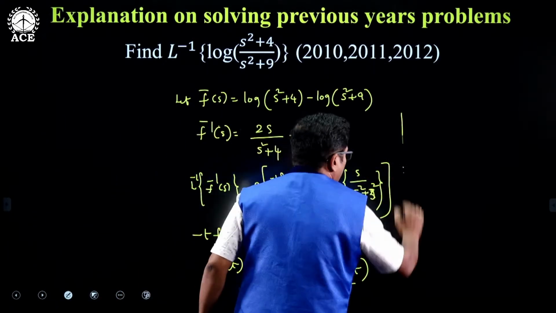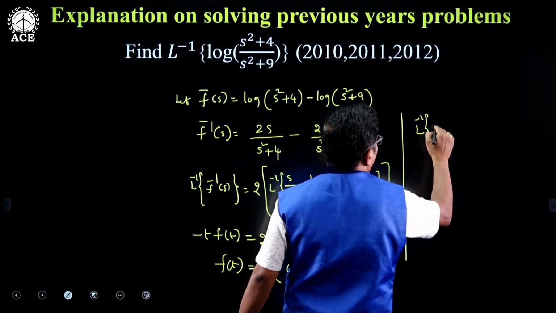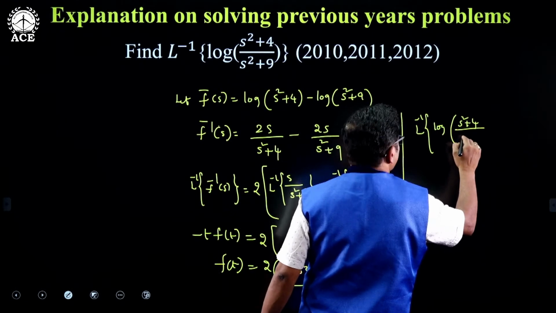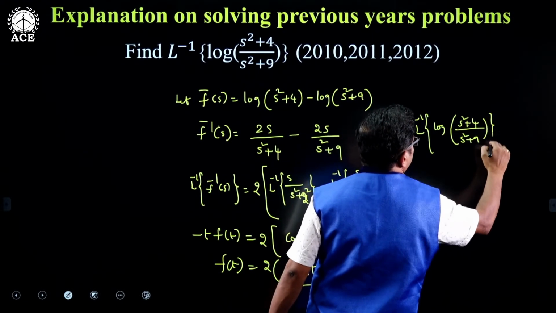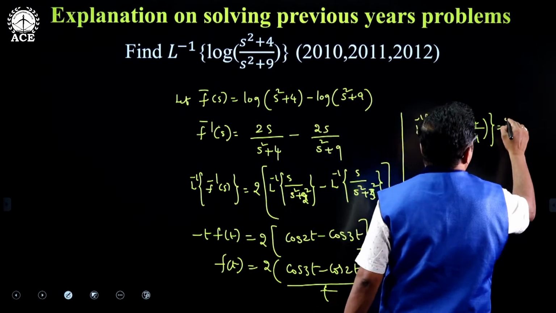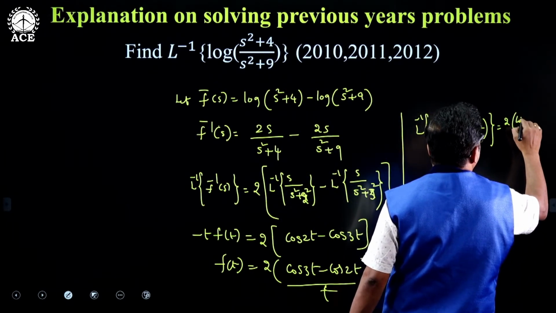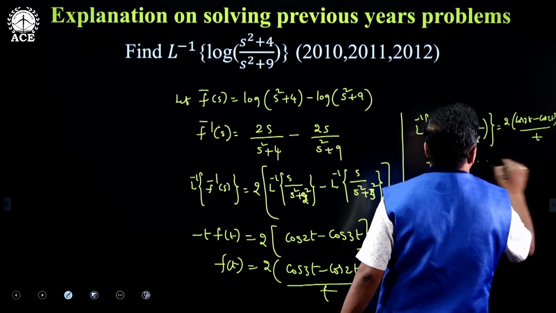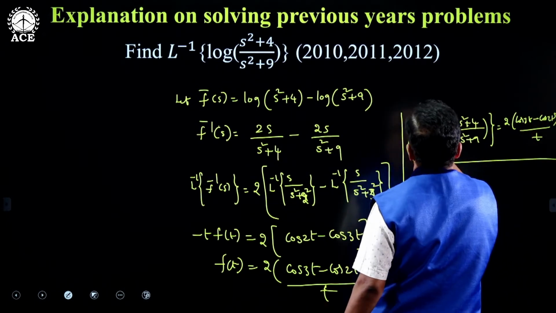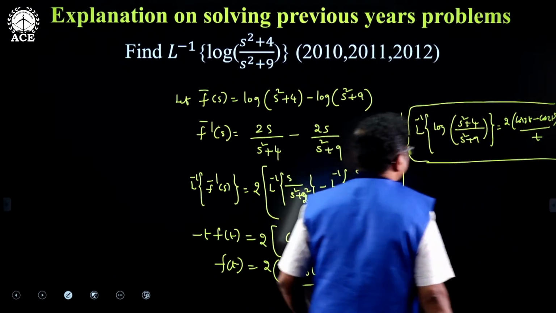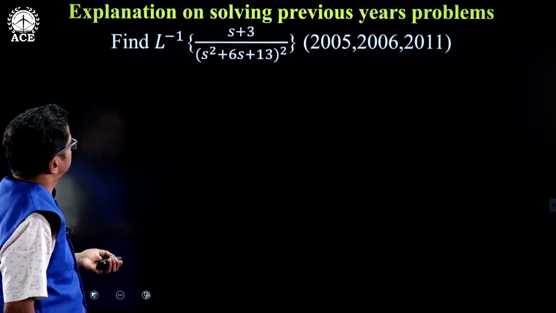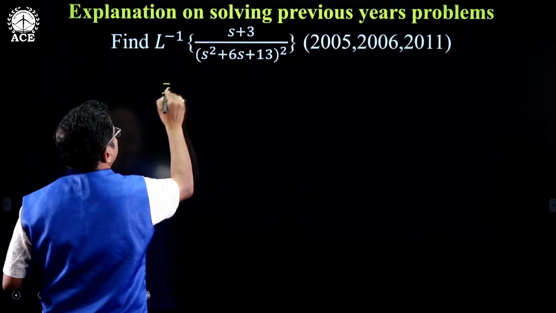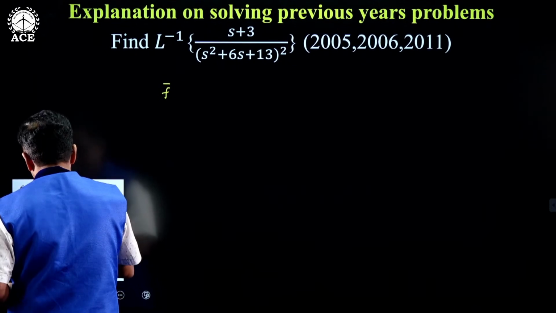So therefore L inverse of log of (s square plus 4) by (s square plus 9) is equals to 2 into (cos 3t minus cos 2t) by t. Like this. Next, even this also.